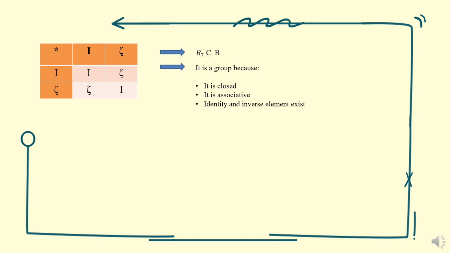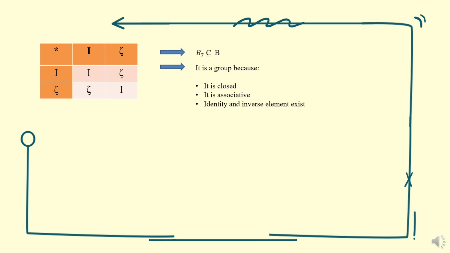It is closed since all of the elements, delta and Roman numeral I, are in this table. There is nothing else, only delta and Roman numeral I. So in that case, we can say that this table is closed.